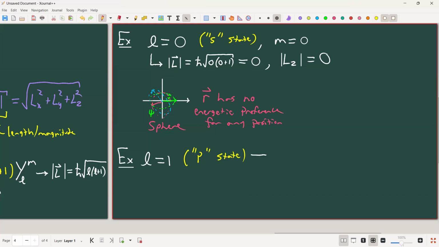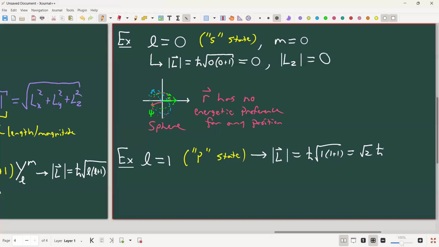So let's look. The magnitude of our vector L is h bar squared times 1 times 1 plus 1, which is root 2 h bar. And M can be either -1, +1, or 0. It can be any value between minus L and plus L, different by one.